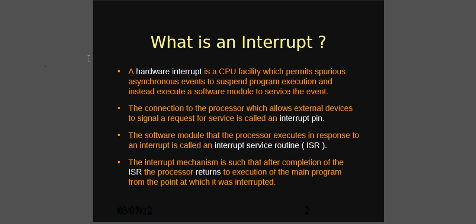All right, so here the hardware interrupt is a CPU facility which permits superior asynchronous events to suspend program execution and instead execute the software. So like what I say, let's say you are cooking, and then somebody knocks on the door and tells you something is not right in some part of your house, maybe there's a leak.